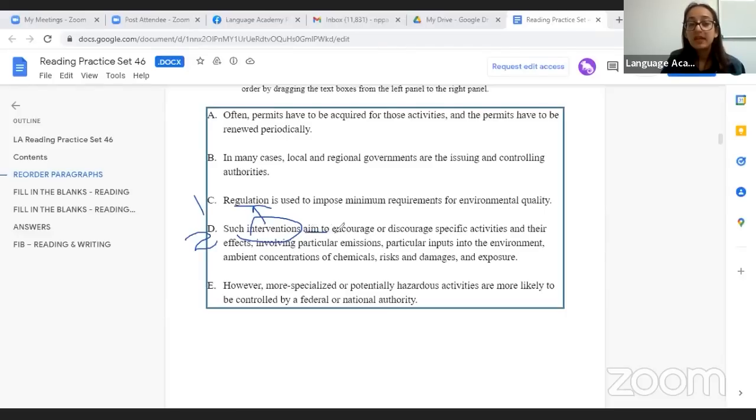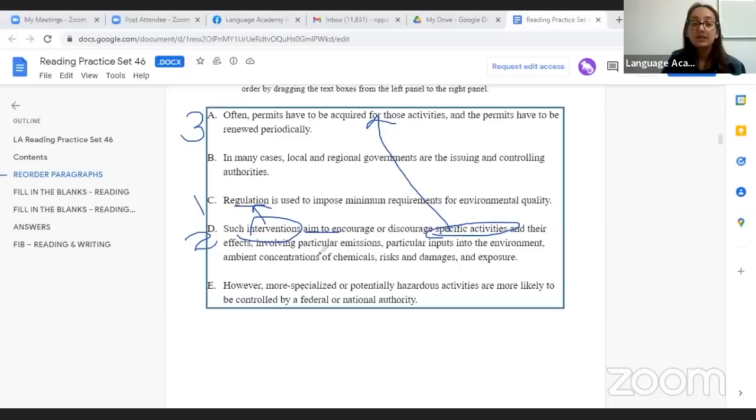So that is why C and D was a pair. And then here you introduce encourage or discourage specific activities, so you relate it to those activities. Often permits have to be acquired for those activities and the permits have to be renewed periodically.